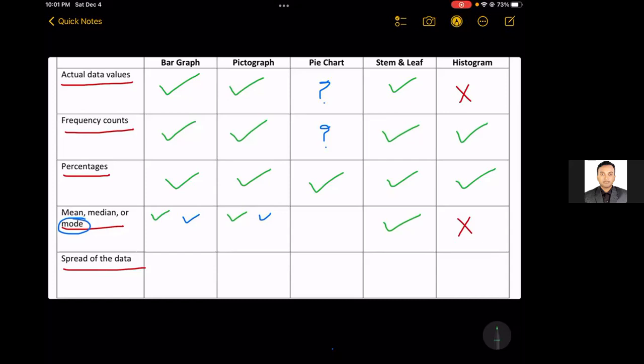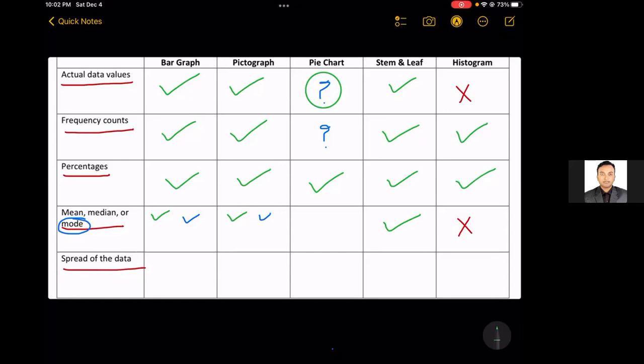How about the pie chart? Well, for a pie chart, often the actual values are not given, right? We have seen this. If the actual values are not given, then we can't really calculate this.